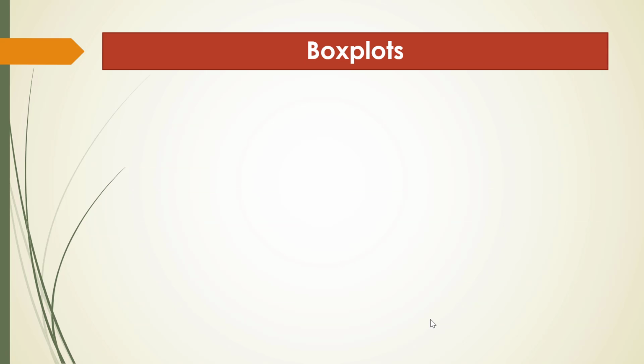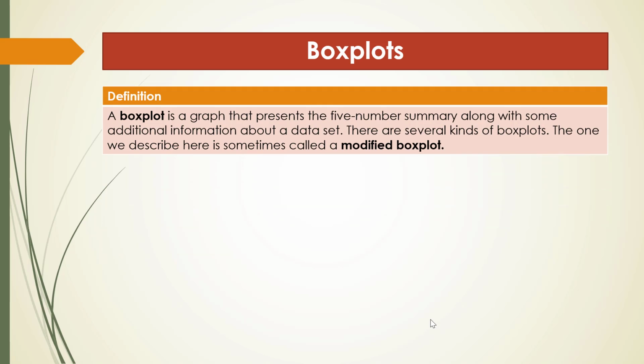And the last thing today I would like to talk about is the boxplot. A boxplot is a graph that presents the five number summary along with some additional information about a dataset. There are several kinds of boxplots. The one we describe here is sometimes called the modified boxplot.